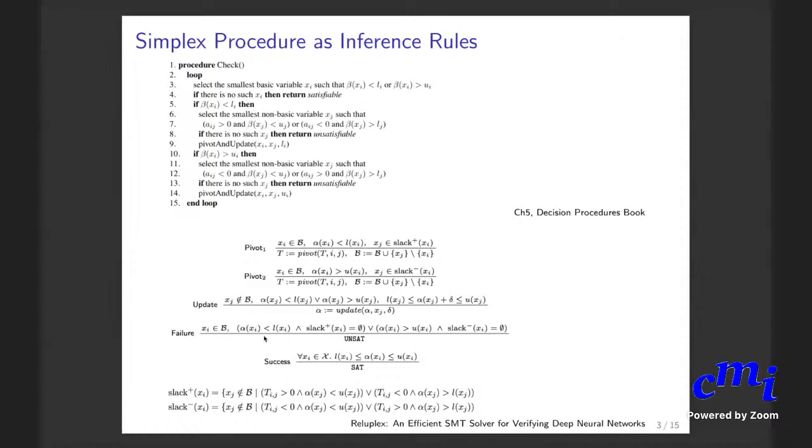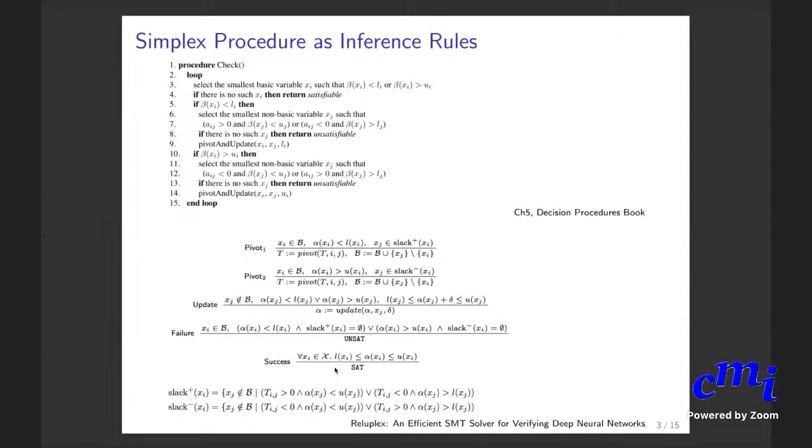Okay, so if you still have one or more basic variables which are violating their bounds, and there are no appropriate slack variables, either plus or minus slack variables, in the non-basic set that can be used to adjust and fix the violation, then you return unsat.